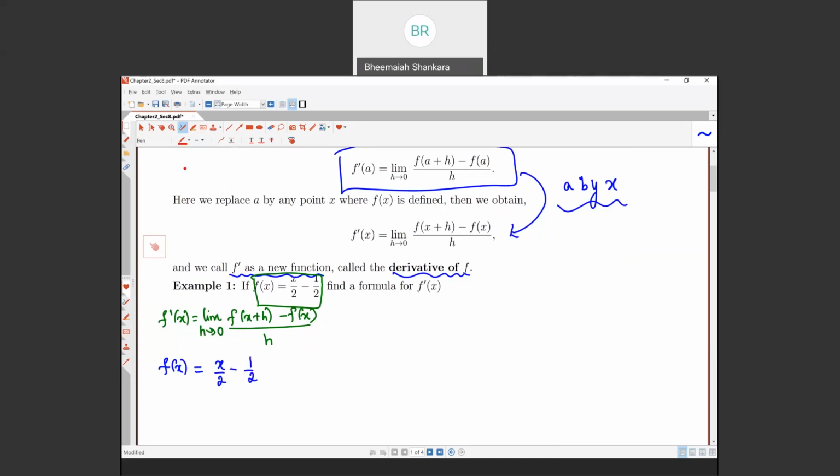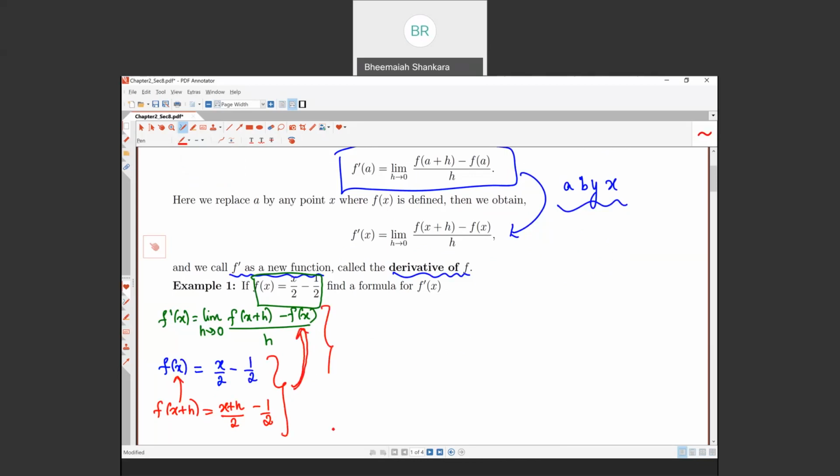In the next line, we want to write f of x plus h. So wherever you have x in the function, you're going to replace it by x plus h. So this is x plus h over 2 minus 1 half. Now you want to plug in f of x and f of x plus h back in the limit definition.